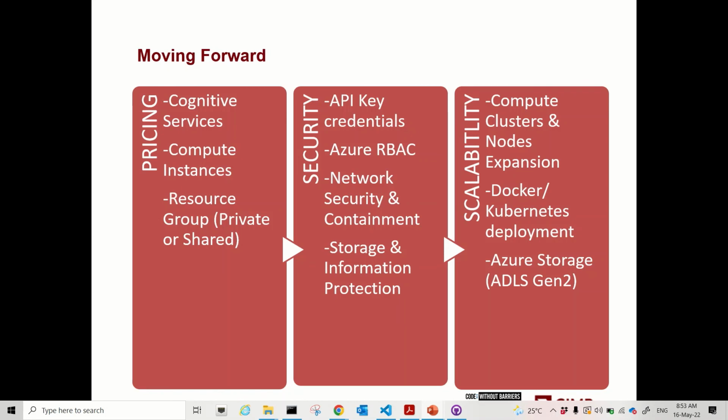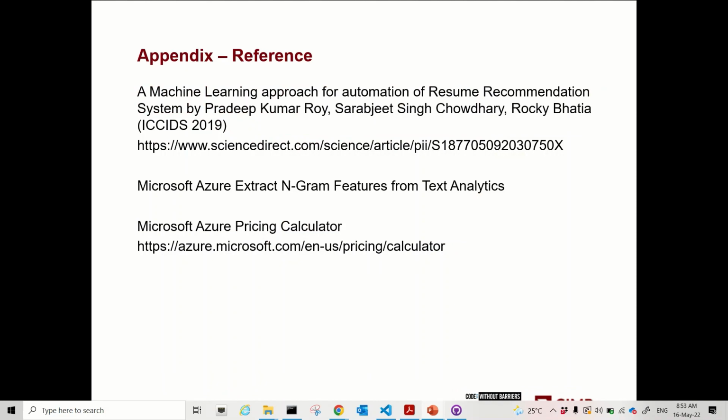So that needs to be expanded if the processing power is not enough. Azure storage is crucial because as resumes grow, and if the resumes are being kept and not truncated, we need to ensure that the storage is sufficient.